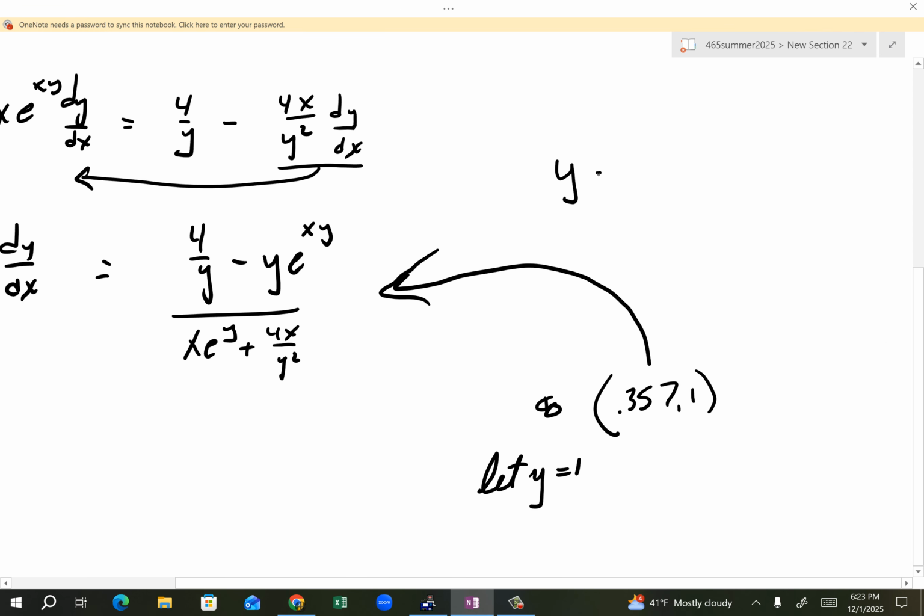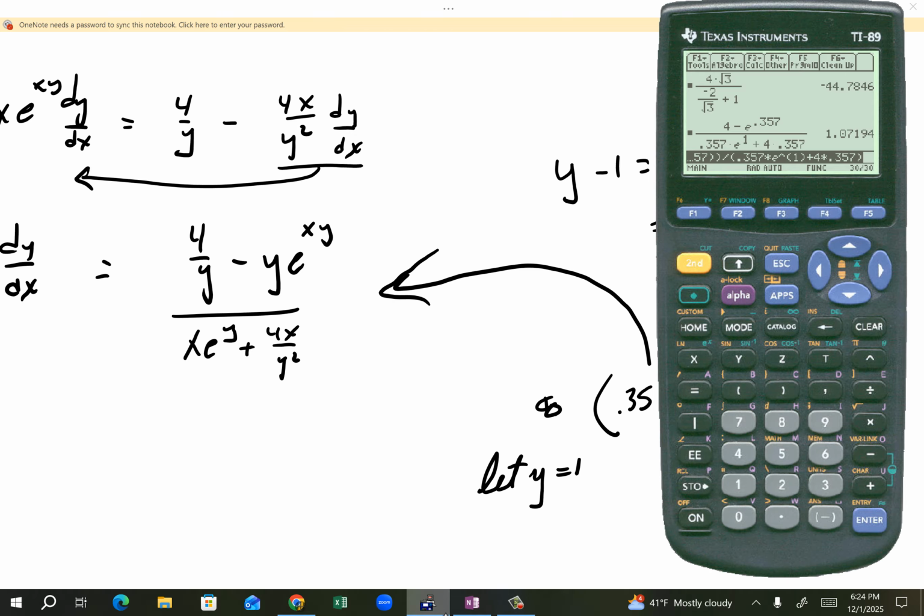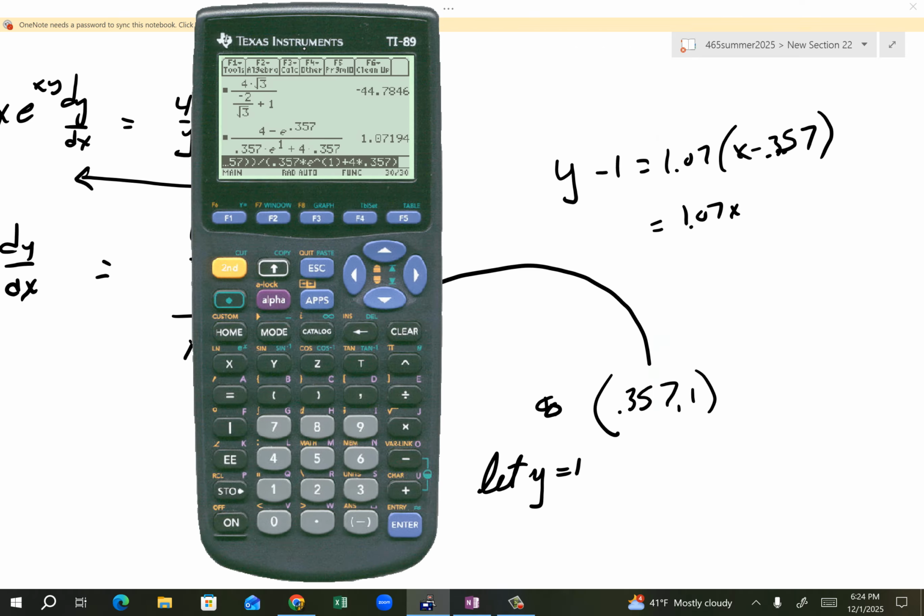1.07. So again, what we're saying here is y minus 1 equals 1.07 x minus 0.357. And if you do the math on that, you're going to get 1.07 x, distribute that out, 0.357 times 1.07, and then you're going to plus 1 to that, and you're going to get 1.38.